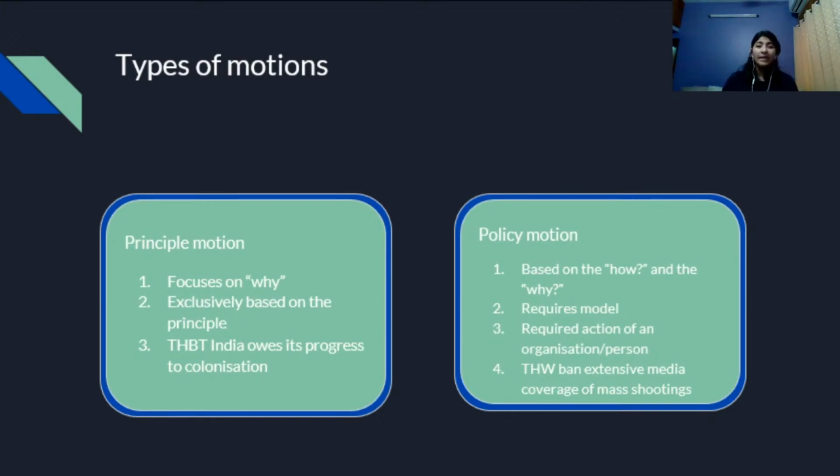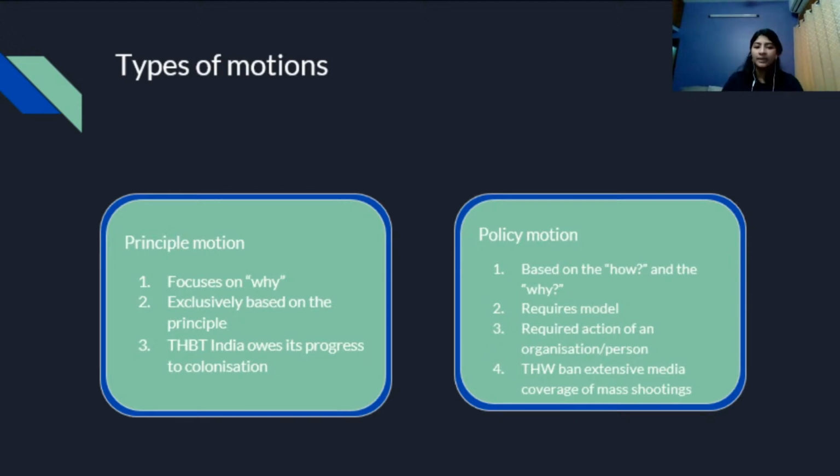So what exactly is a principle motion? A principle motion basically focuses on the why part of the motion. It expects you to debate on the principle. It doesn't necessarily expect you to explain how you're going to do it, when it is done, and so forth. It just wants logical, reasonable points as to why exactly you should or should not implement a particular statement.